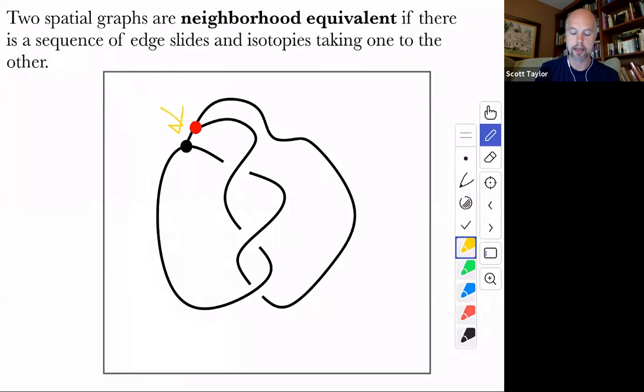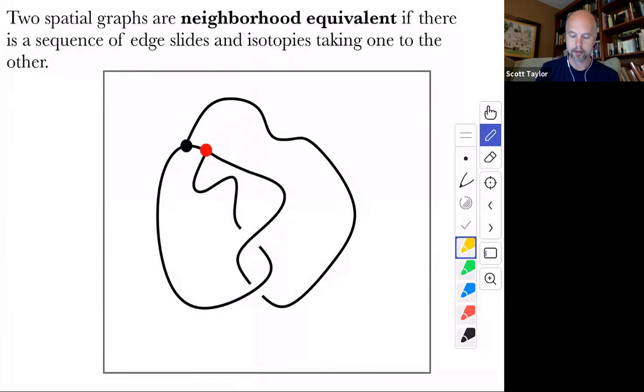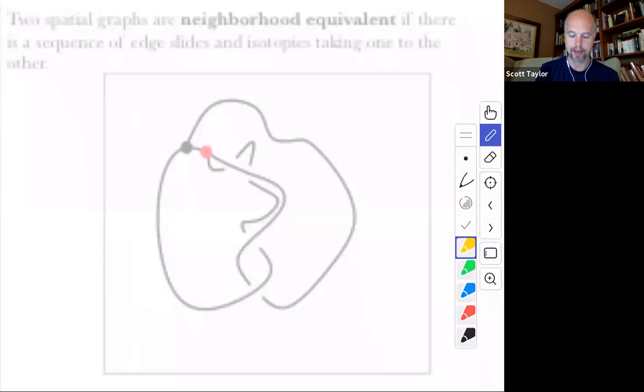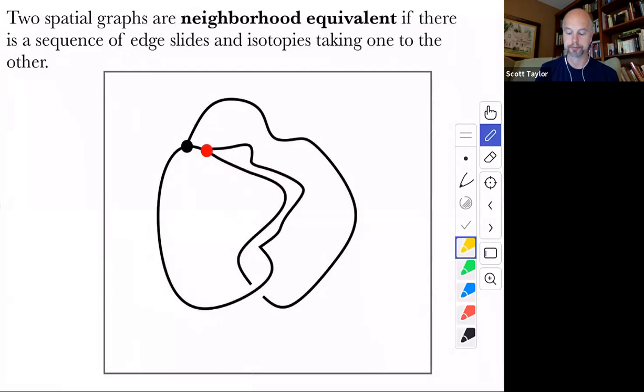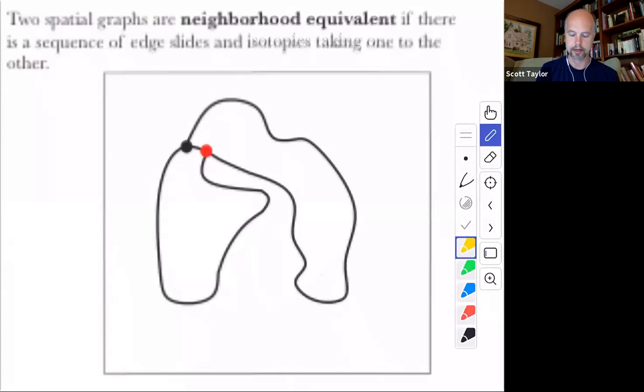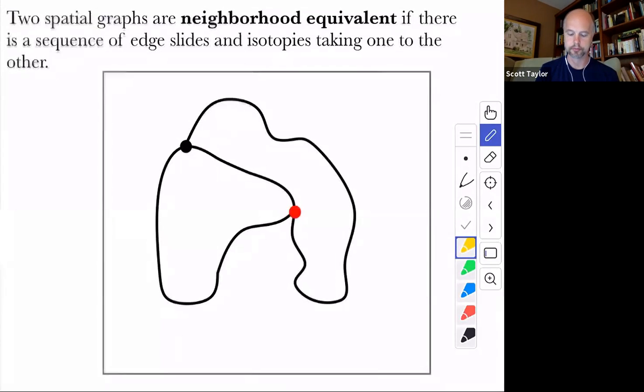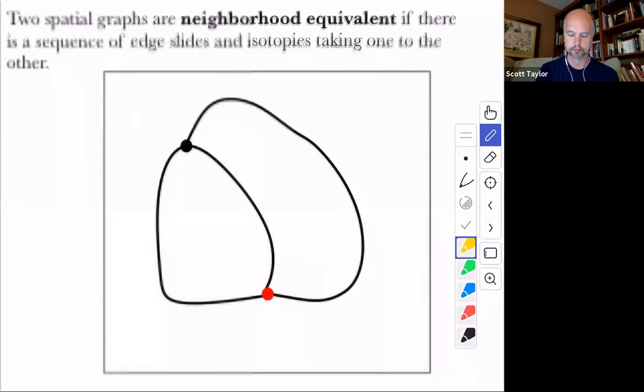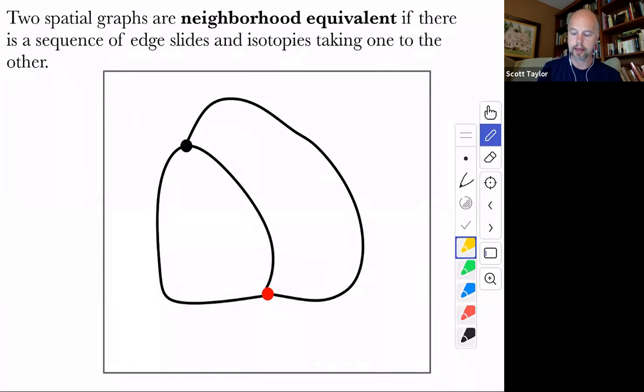But now I'm going to keep on sliding. I'm going to slide the red vertex past the black vertex like that. And then I can do more ambient isotopies to unwrap the whole thing. Go ahead and straighten it out a little bit. Like so.